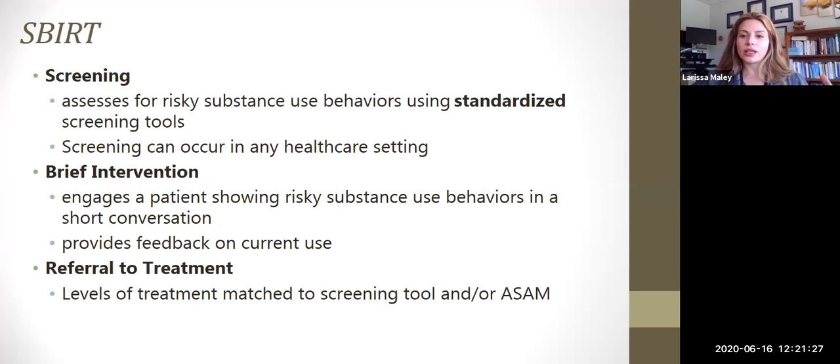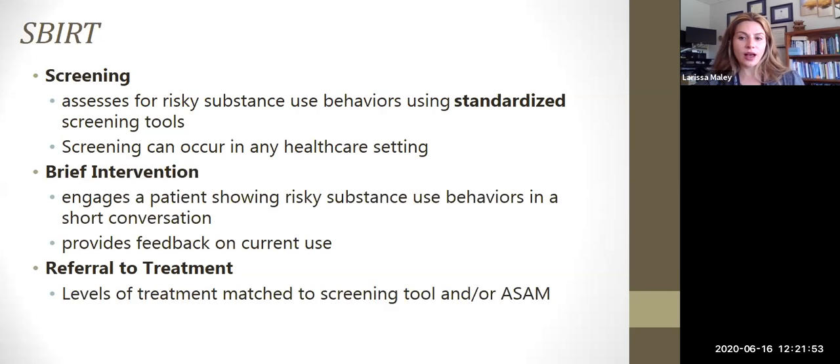You could still use the ASAM staging model within SBIRT, but it recommends a clinic workflow to apply to all the patients that you see. So essentially standardizing the screening tools that you use and the frequency in which you use them, and, depending on their score, providing immediate brief intervention for that individual.